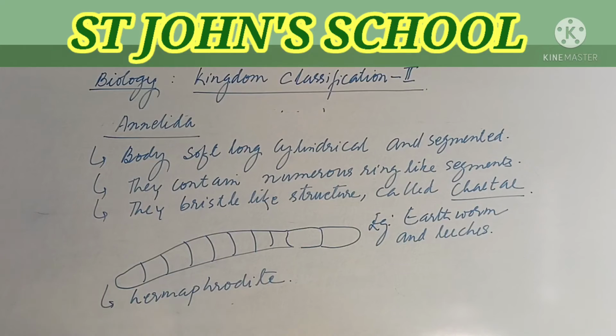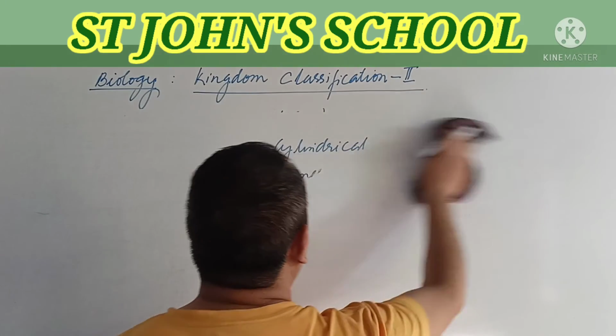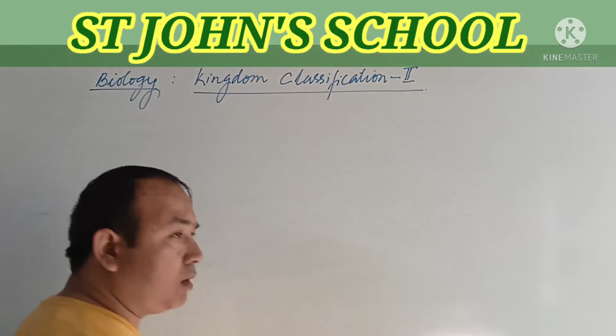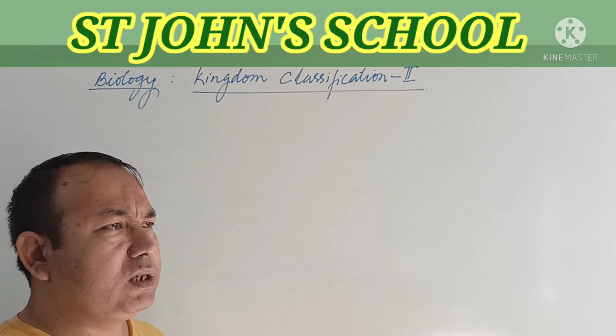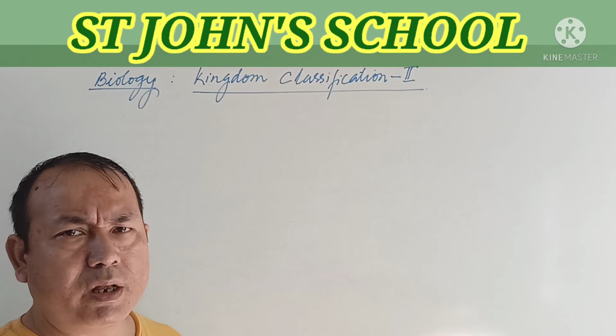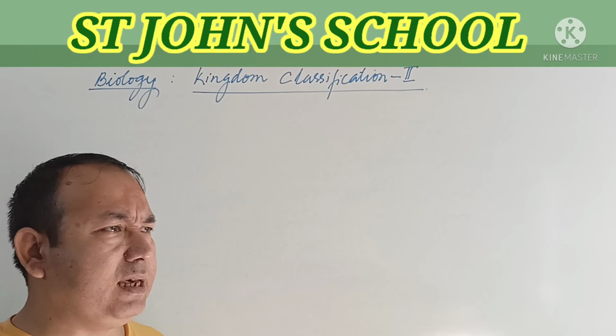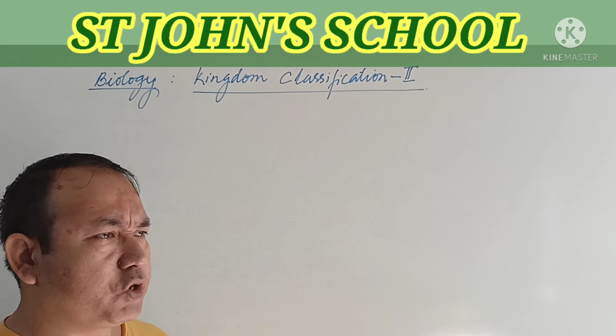For the example, you need to learn the identifying features. Then after that, now let us learn about the arthropoda. Arthropoda is one of the largest phylum of invertebrates. All the insects which you see around belong to this category, whether you talk about mosquito, housefly, grasshopper, even the shrimps.